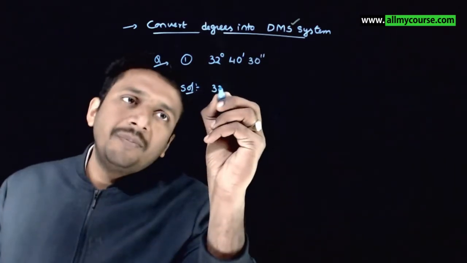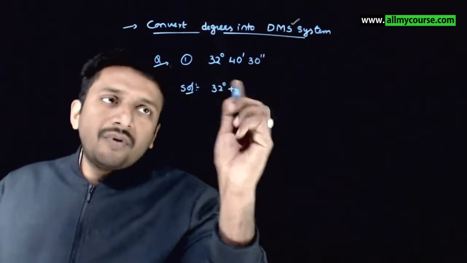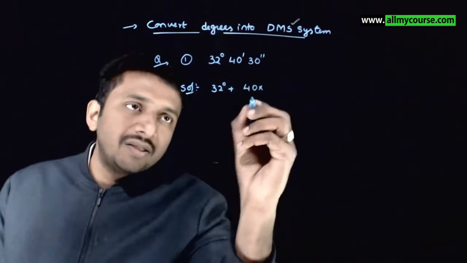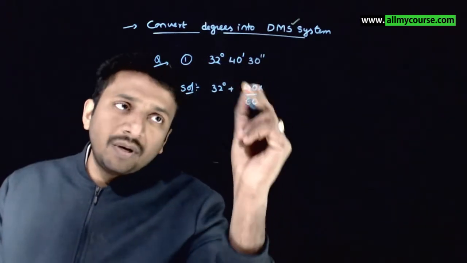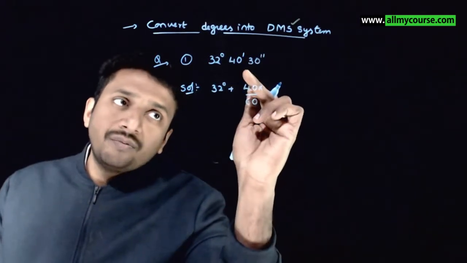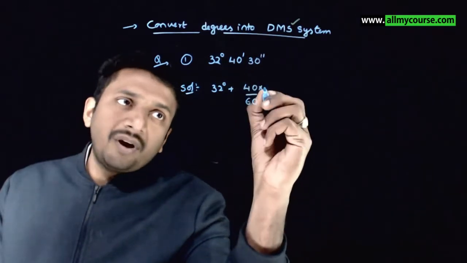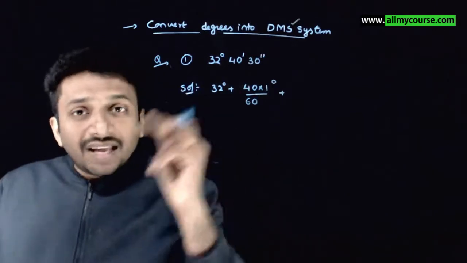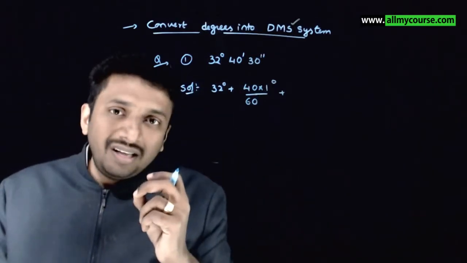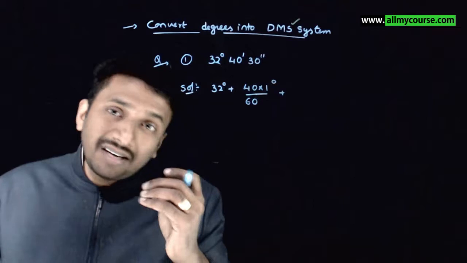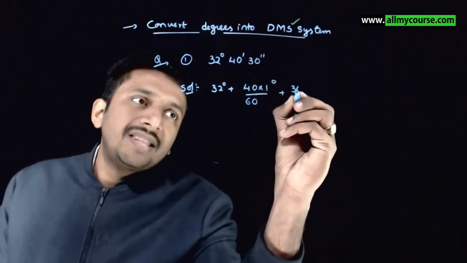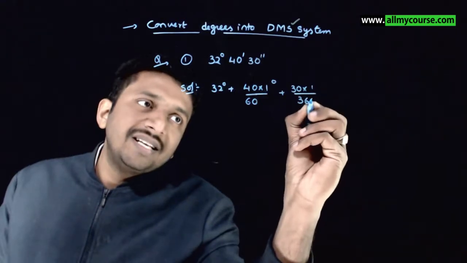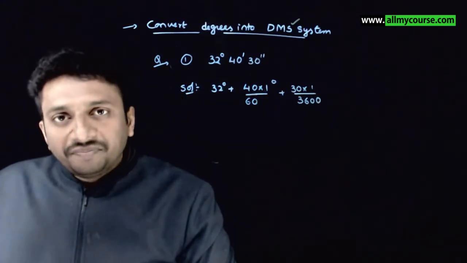So you have 32 complete degrees plus 40 minutes. 1 minute is 1 by 60th of a degree, so 40 minutes is 40 into 1 by 60 degrees. Plus you have 30 seconds, and each second is 1 by 3600th of a degree, so 30 times 1 by 3600th of a degree.